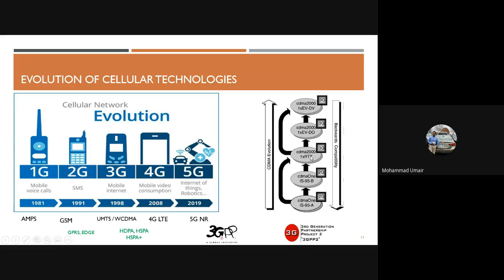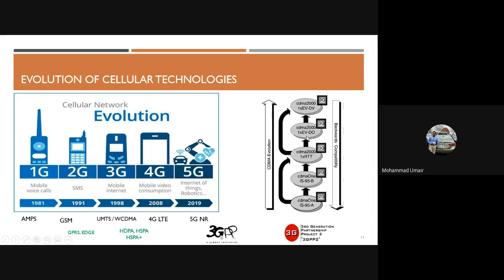Then CDMA1X came, which was called 3G because its speeds were the same as 3G, though typically this technology should fall into the category of 2G.